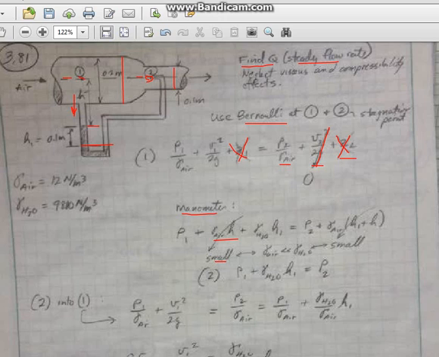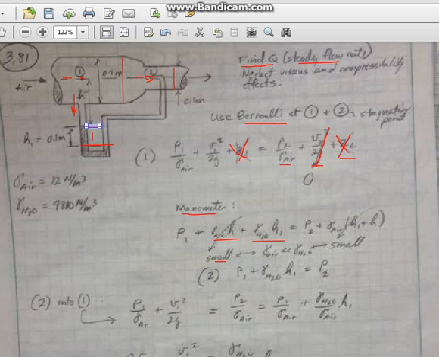So first we got to go down through the air. Excuse me, I forgot about that part. So first we go through the water. So we add H1 in terms of gamma water, and that's going to be equal to the pressure at 2 plus the gamma air, the height there.